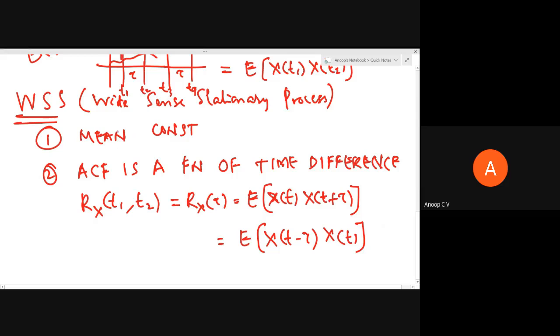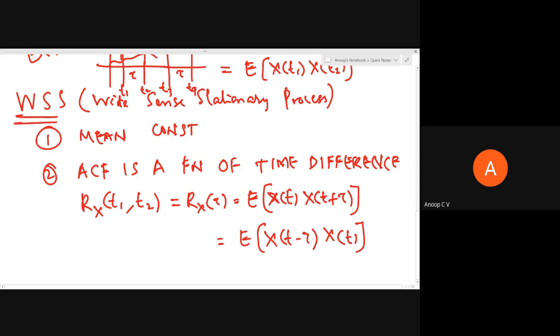So for a wide sense stationary process, the autocorrelation function depends only on the time difference. If you take two sets of samples which are equally separated, then the correlation function will be the same.